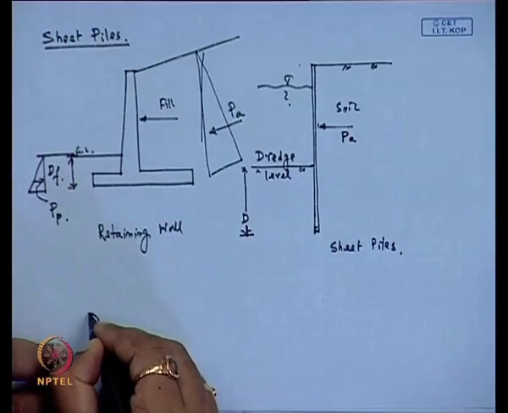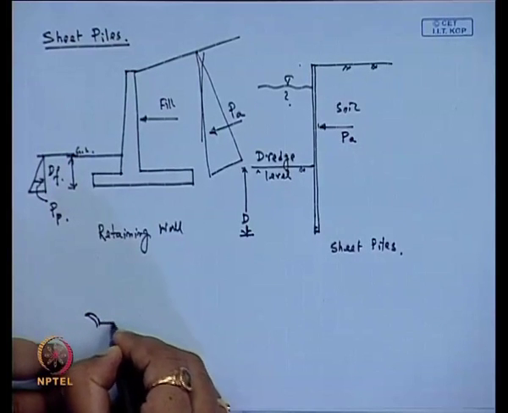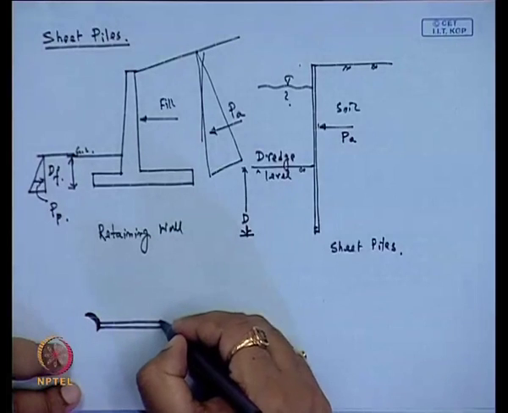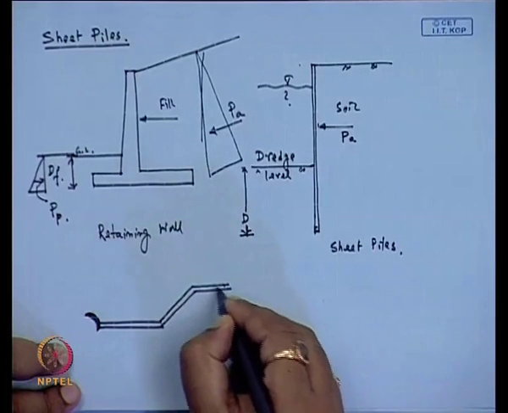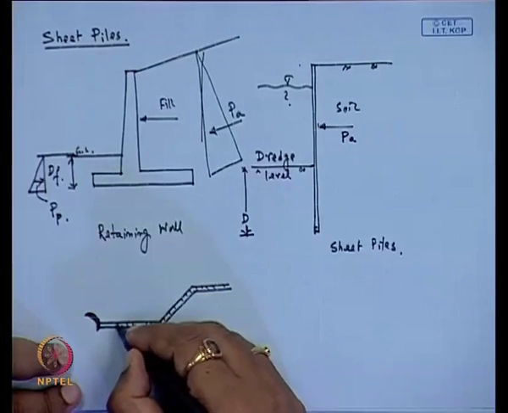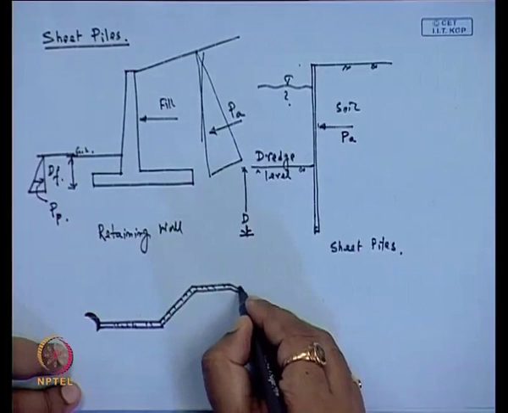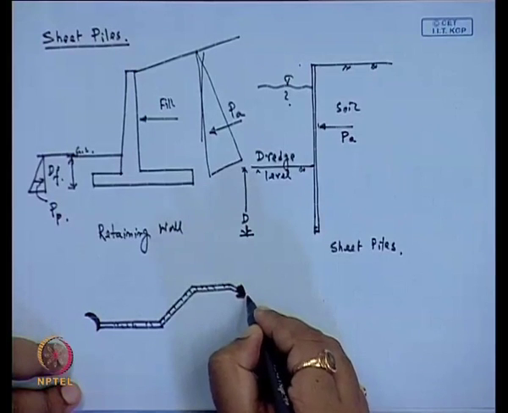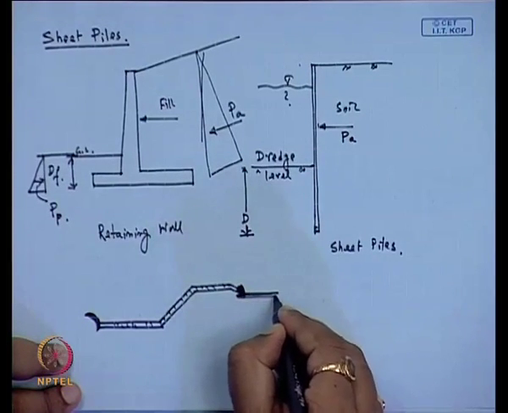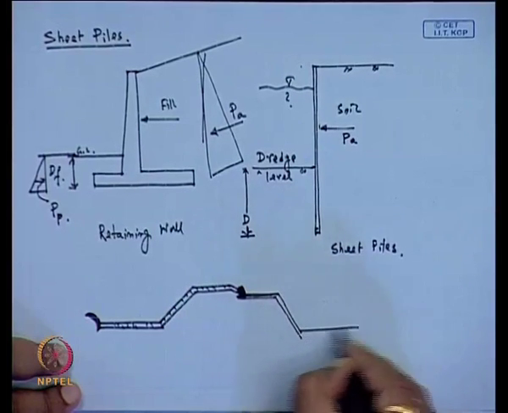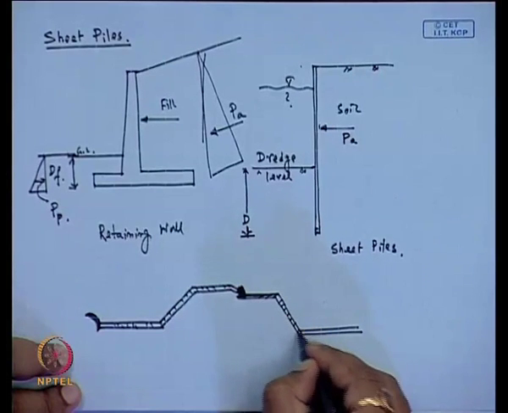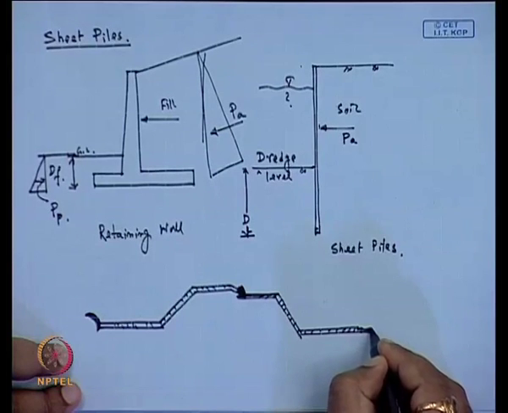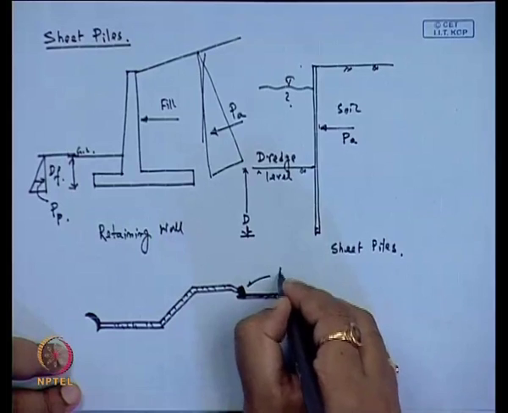Suppose this is one sheet pile segment, which is joined with another, similar sheet pile segment, by this ball and socket joint.